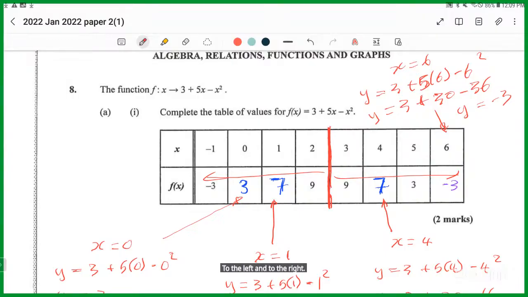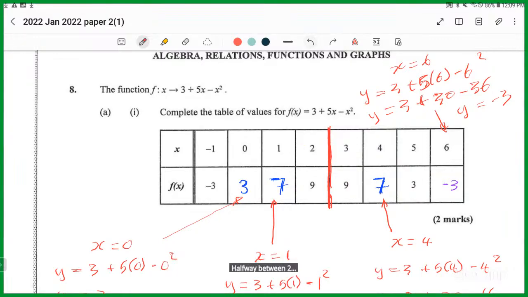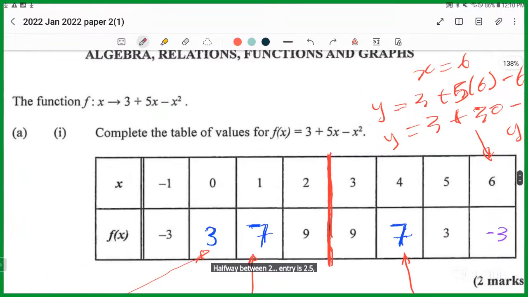So that represents where the axis is and what the vertex is. Remember, the axis passes through the vertex. So I can tell you that the x value at the turning point is 2.5, without doing any calculation. That's the average of these two.